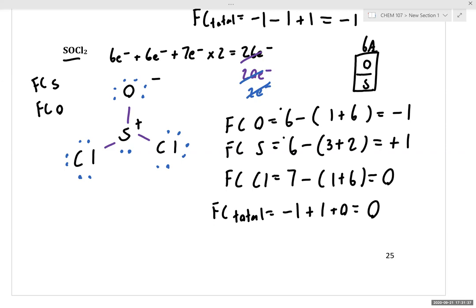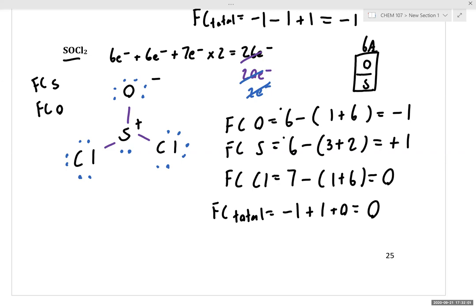Perfect. Any other questions that I can address? When we draw these, do we also include the charges on each individual atom? Yes. That's part of your complete Lewis structure. Any other questions that I can address on this example?